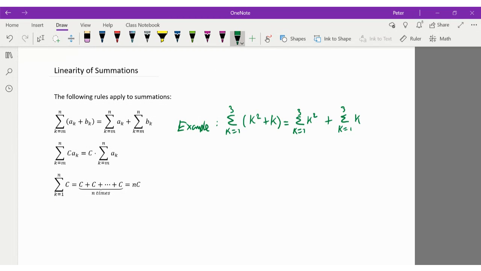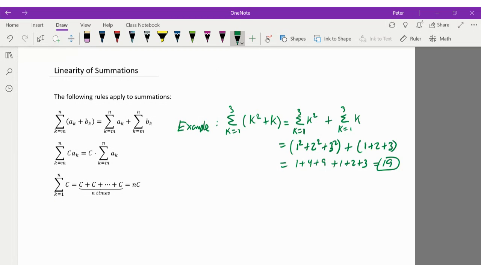Okay, so this is going to equal, the sum from k equals 1 to 3 of k squared is just going to be, remember, I'm cycling through the integers from 1 to 3. So that's going to be 1 squared plus 2 squared plus 3 squared. And then I'm going to cycle through the numbers 1 to 3 again. That gives me 1 plus 2 plus 3. And if I add all those up, that comes out to 1 plus 4 plus 9 plus 1 plus 2 plus 3, which is 19.